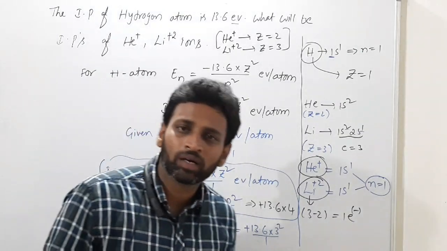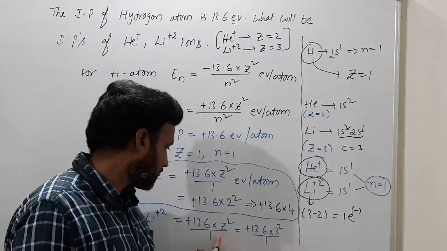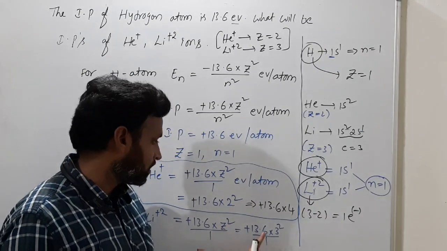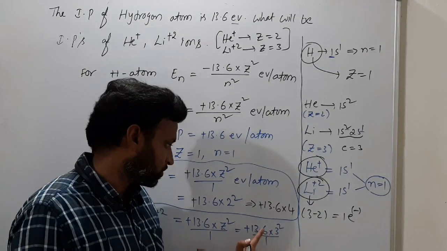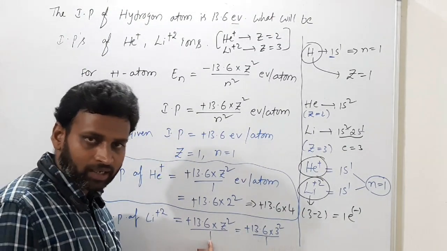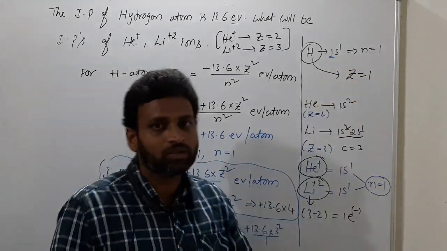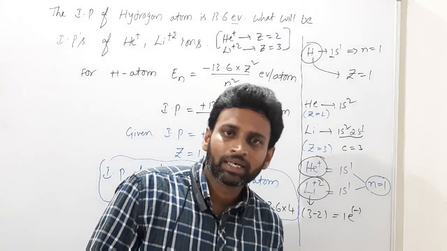Why 3 square by 1? Because it's having 1 electron, but the atomic number won't change. So 13.6 into 3 square by 1. Why in the denominator 1 we have taken, understood? Shell number is 1, as for hydrogen. Got it clearly?